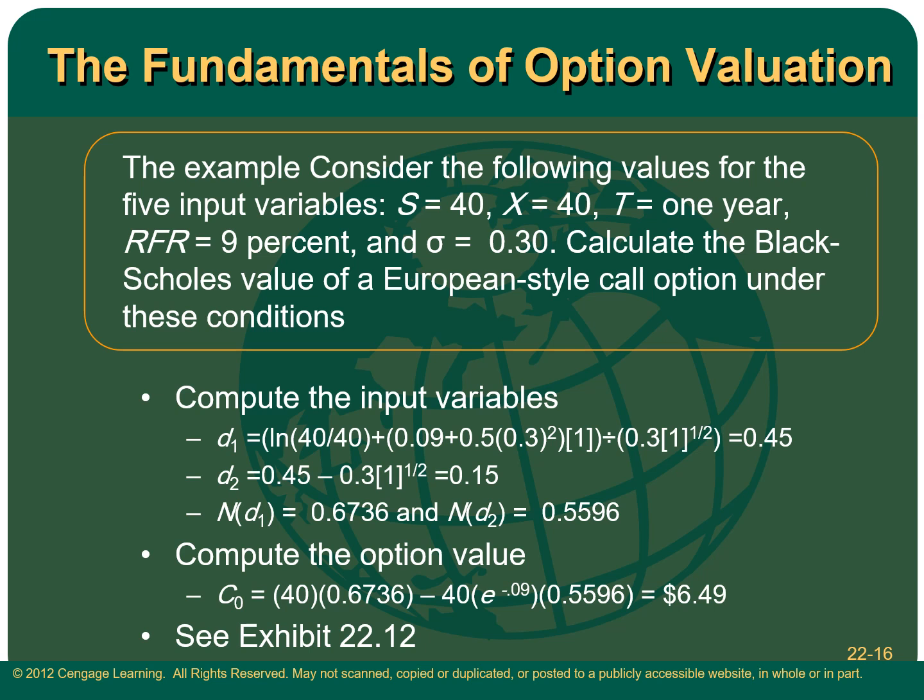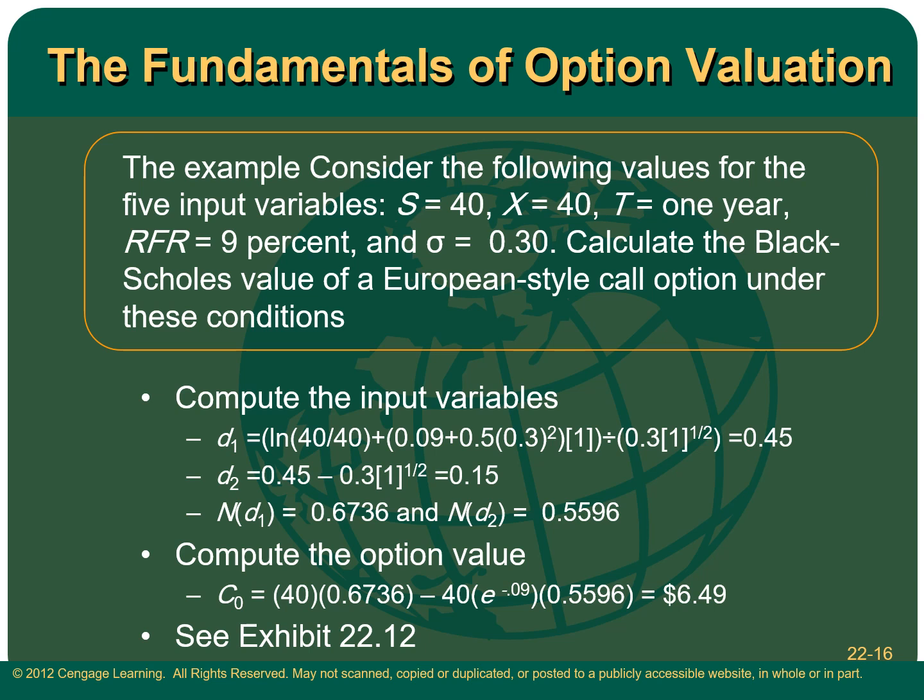D1 is the natural logarithm of 40 divided by 40, plus the risk-free rate 0.09 plus 1/2 of 0.3 squared, sigma squared, multiplied by 1 year, divided by 0.3 times the square root of T, which is equal to 0.45.